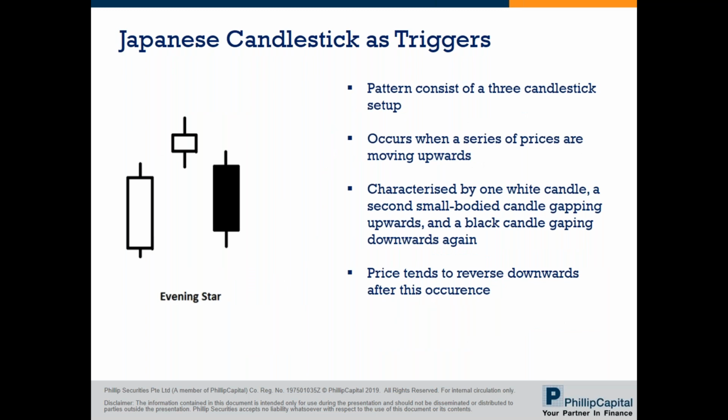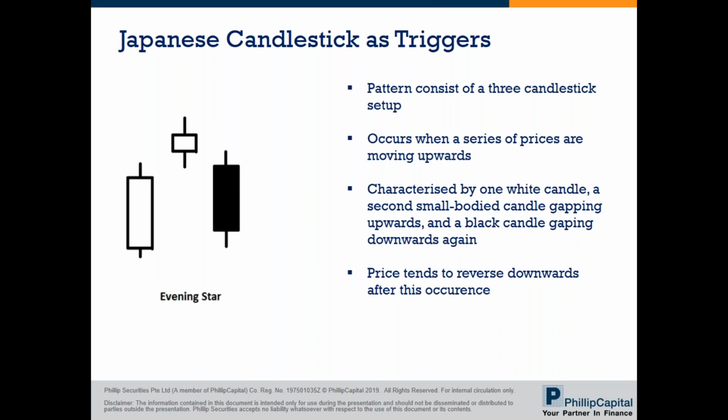Right. So the last pattern would be the evening star. The evening star consists of three candlesticks. It occurs when prices are moving upward. It's characterized by one white candle on the left, a second smaller body candle gapping upwards, and another bearish candle gapping downwards on the right.